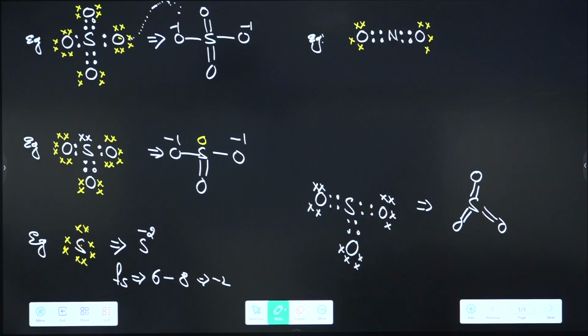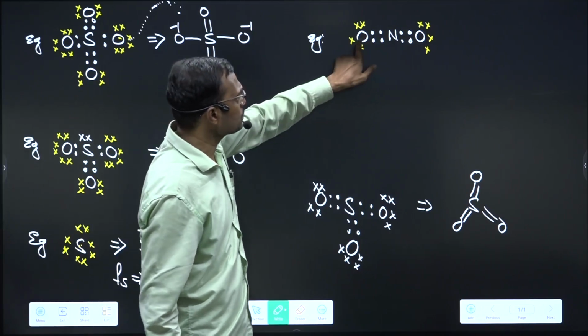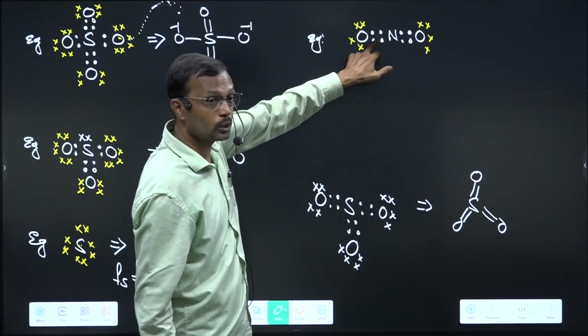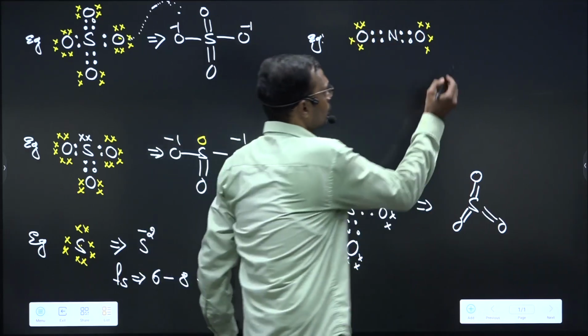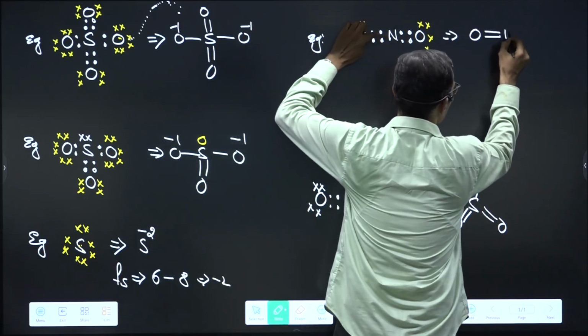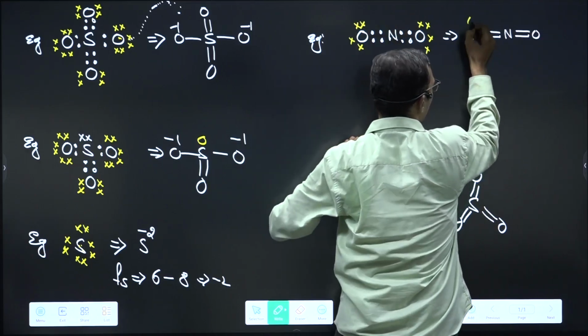What is the formal charge of the oxygens? This oxygen formal charge: 6 minus 4, 2; 4 by 2, 2; 2 minus 2, 0. This is 0, this is 0. Okay, I am writing between oxygen and nitrogen a double bond, and here nitrogen oxygen double bond. So this is 0 and here also 0.